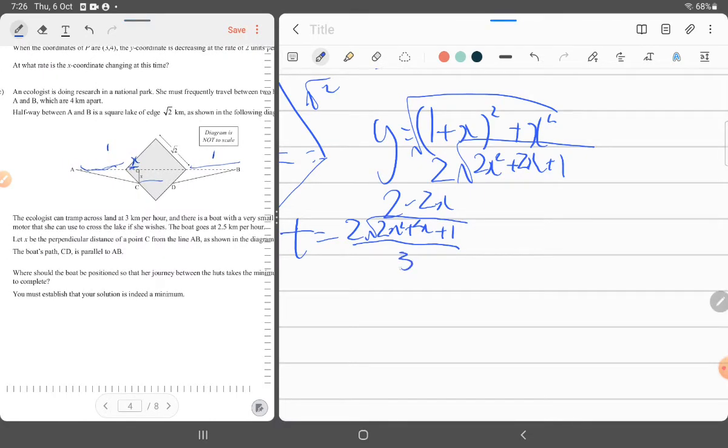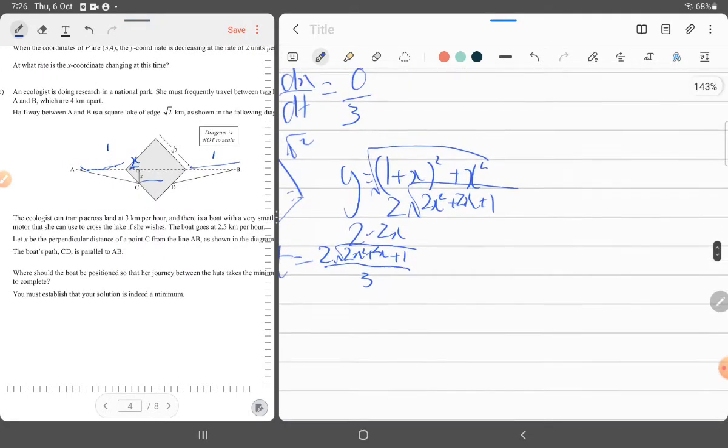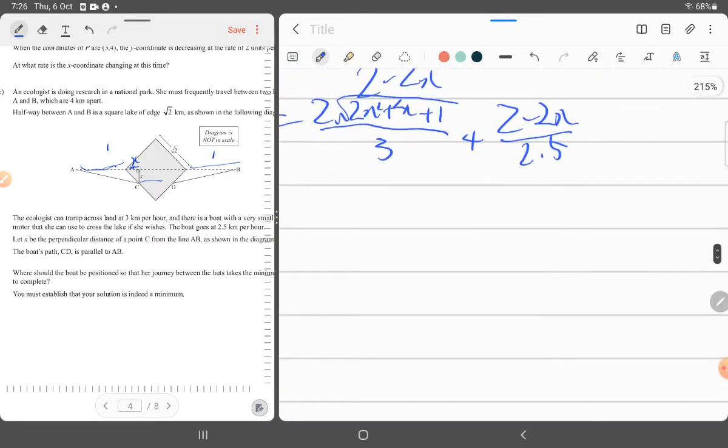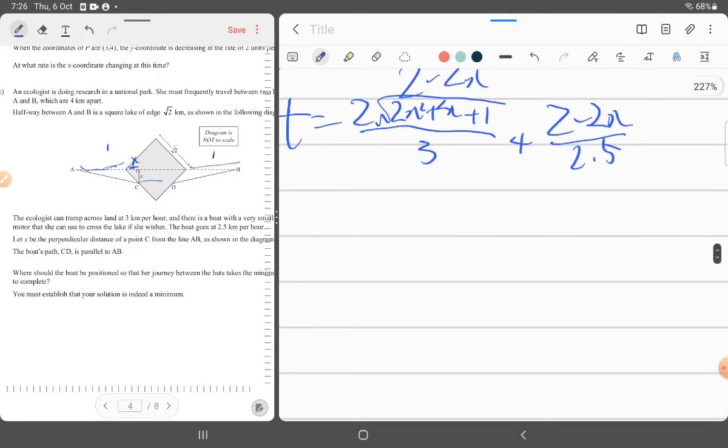So this takes 3, plus 2 take away 2x, and this takes 2.5. We want to differentiate this, so yeah, differentiate.